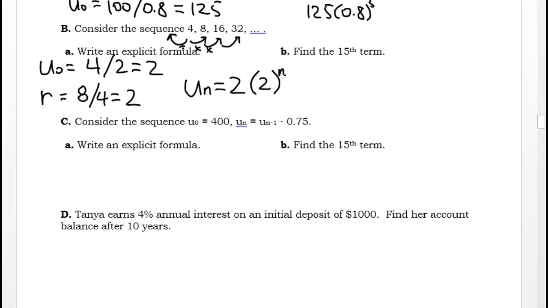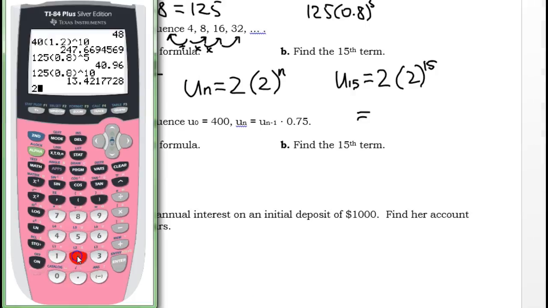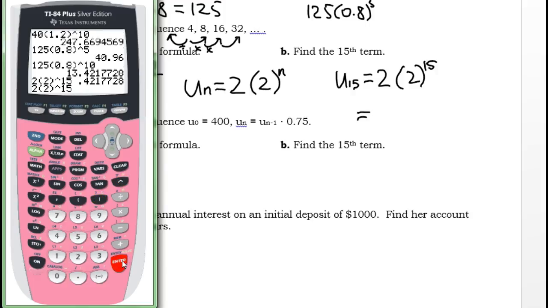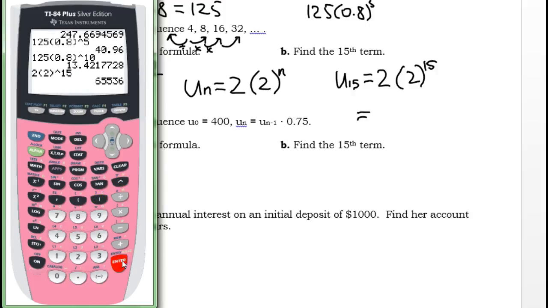And if I want my 15th term, I just need to substitute 15 for the power, and then I can use my calculator to figure that one out. And that would be 65,536.